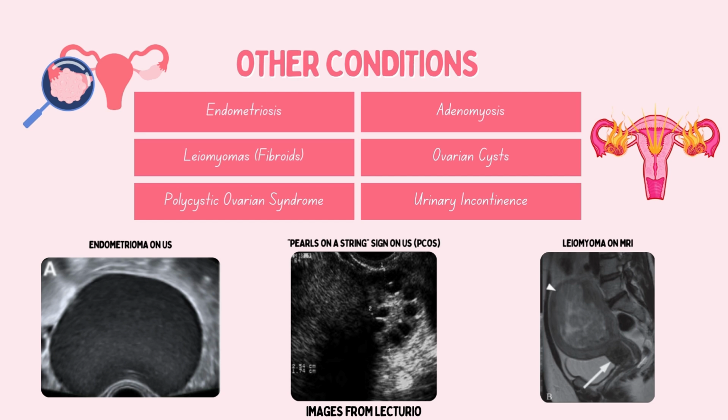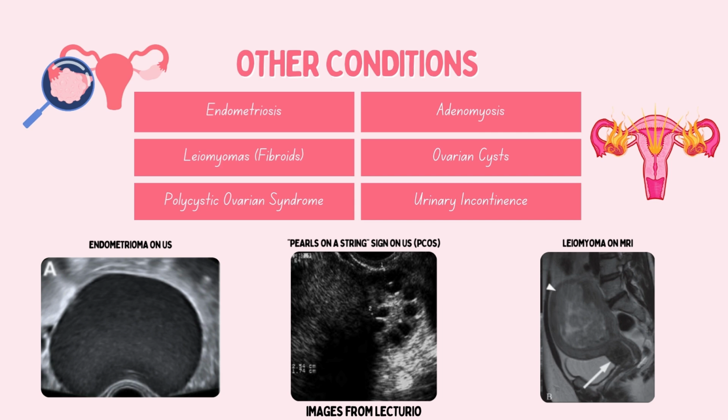I actually included an MRI of a leiomyoma. Here you could see that the uterus looks enlarged, first of all. Look at the spine first in order to orient yourself to this image.